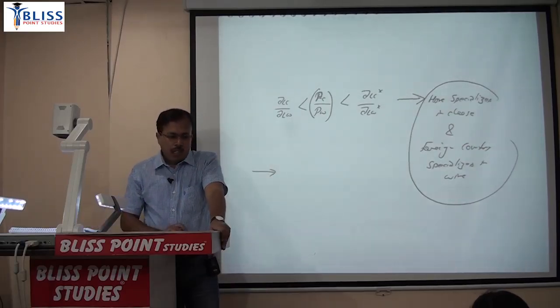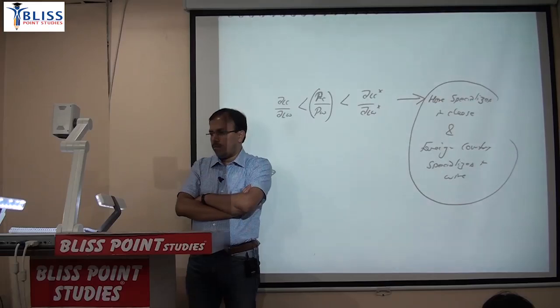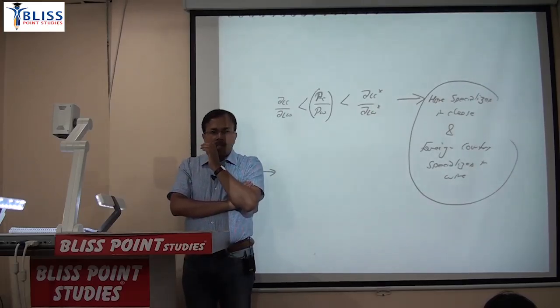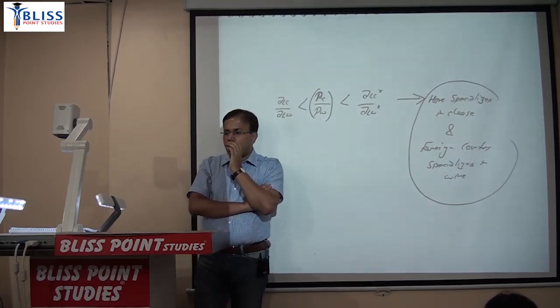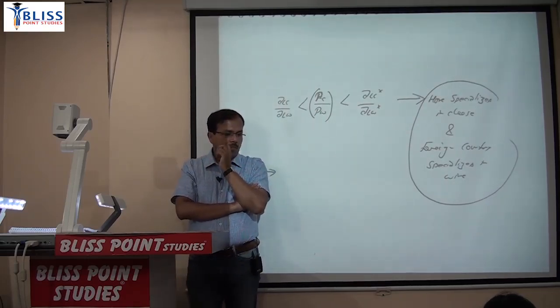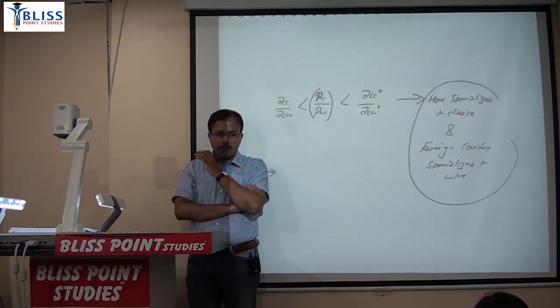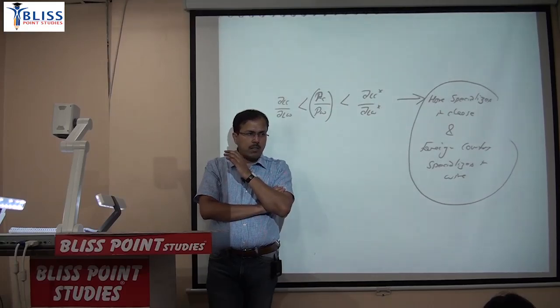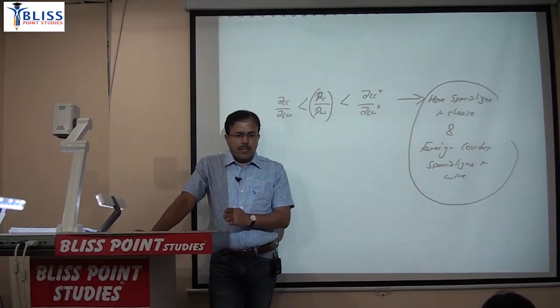Below that. Therefore, according to Ricardian model, trade arises due to difference in opportunity cost, and opportunity costs are different due to difference in productivity of labor.